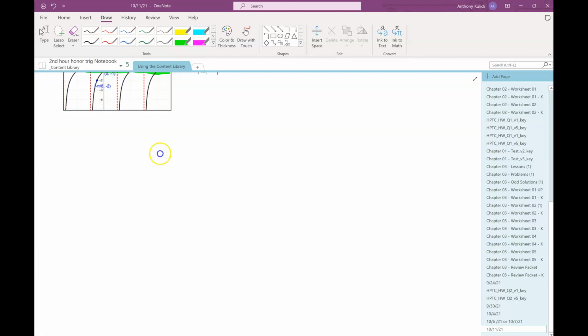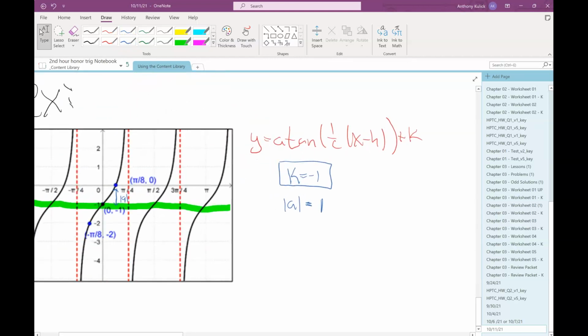And in our example here, we're also going down to up. That tells me that that A is positive. If it were reversed, if it was up, down, it would tell me the A is negative.